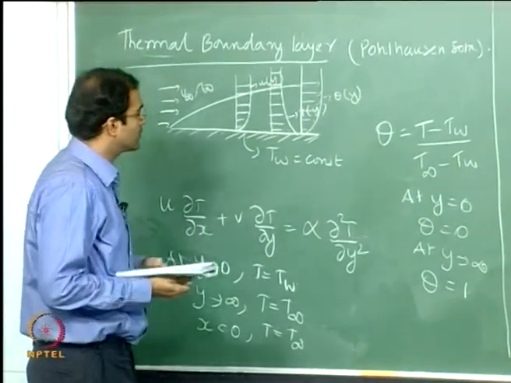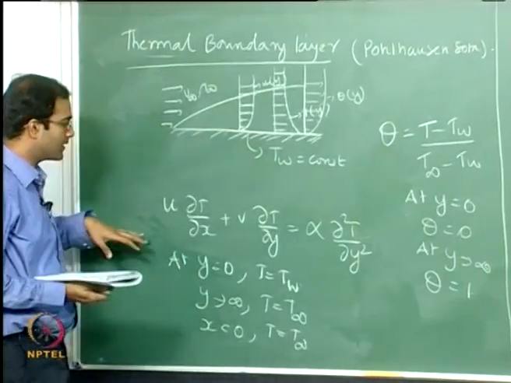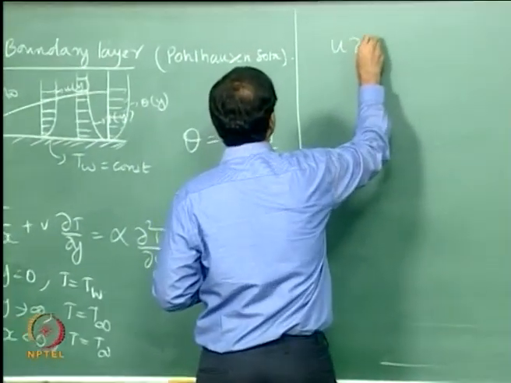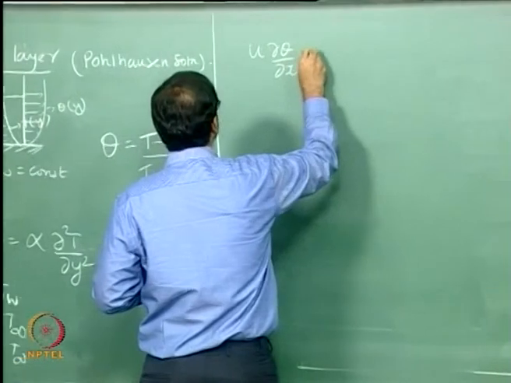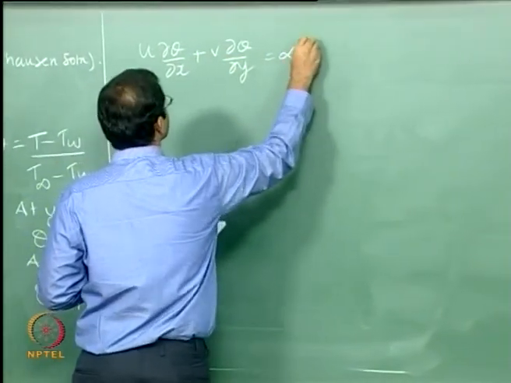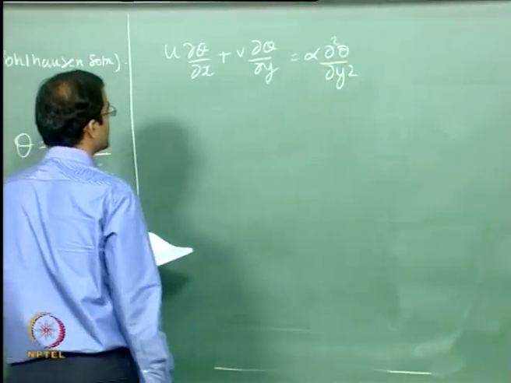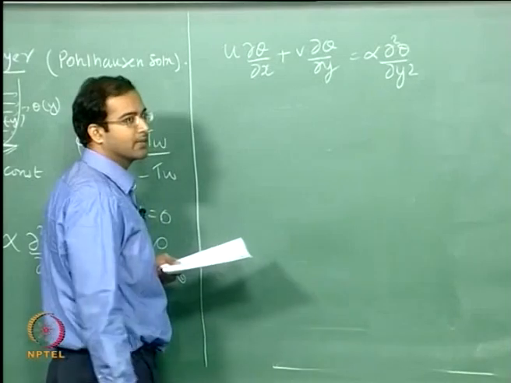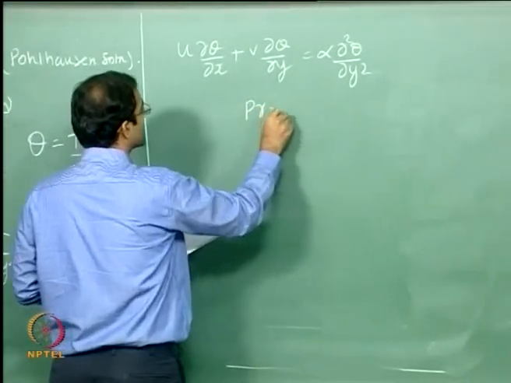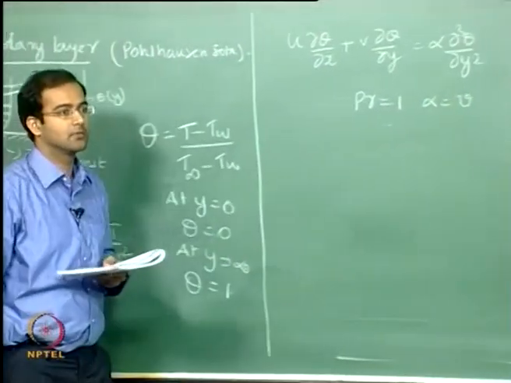Why do I want to do it this way? Now write your equation in terms of theta. This is u d theta by dx. Suppose I compare this with the momentum equation that I had written, and I assume that the Prandtl number equals 1 exactly, that is, my alpha equals nu.